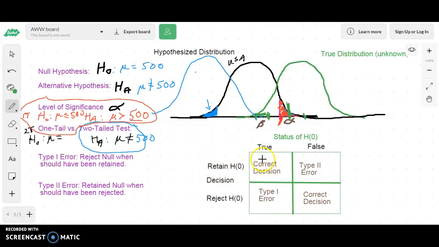Then we've made a correct decision. If our mean tells us to retain the null hypothesis, and in fact the null hypothesis was true, that New Jersey is no different than the United States, then we made a correct decision in retaining that.